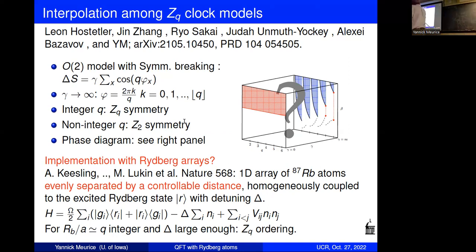So we first look at this in the limit of large gamma. And so you have the clock models here at each q. So this is an Ising, Z3, Z4, Z5, Z6. And then you have a Z2 region where, when the clock has one more state, you have two states that are nearby, and so this is kind of an Ising model. So we get this phase diagram.